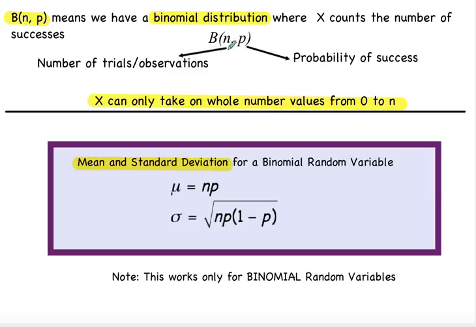Up here I have labeled n is the number of trials, p is the probability of success. So you would just multiply those two together and you would get your mean. And then you would follow this formula if you needed standard deviation. So again, number of trials times probability of success times 1 minus probability of success. And you'd take the square root and you'd get standard deviation.